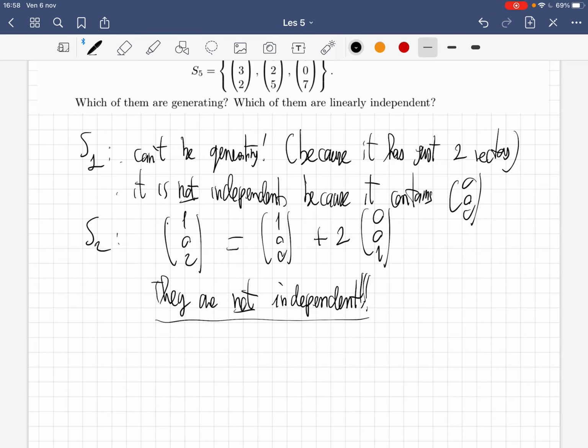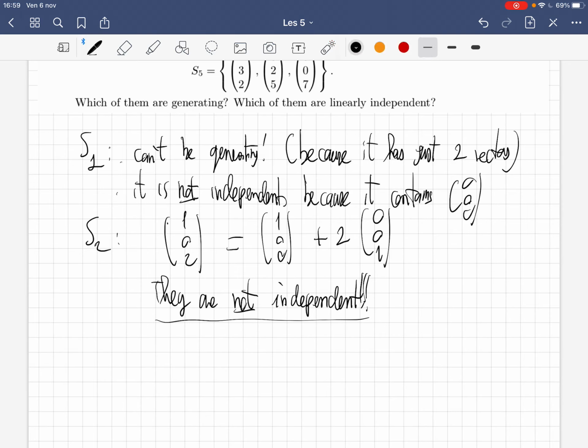If you recall the definition, being independent means that your vectors do not have non-trivial relations. And this is a non-trivial relation between them.